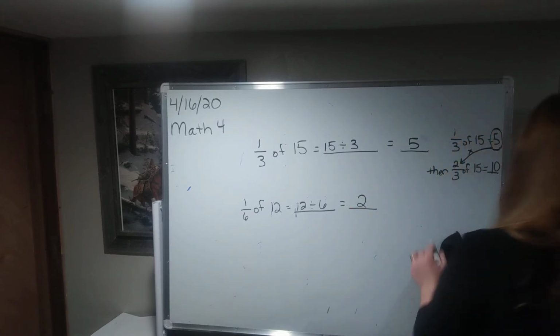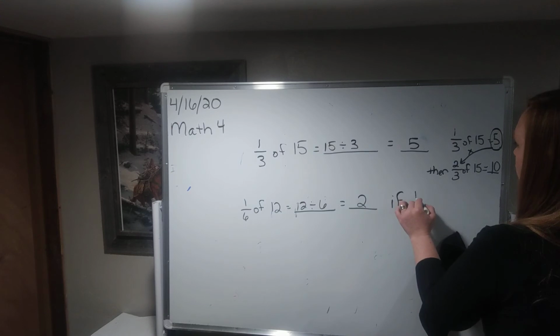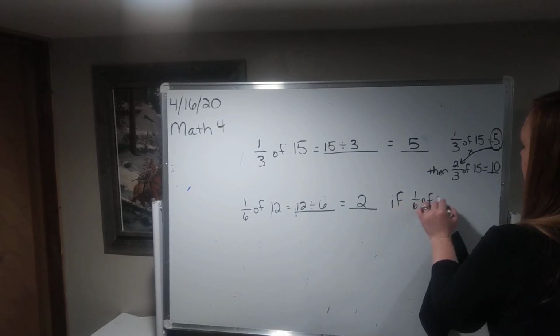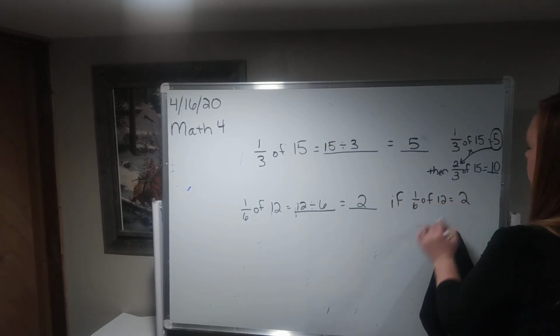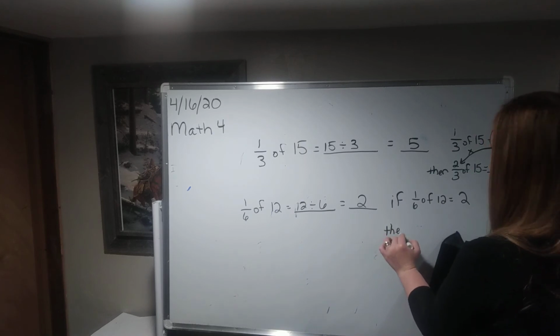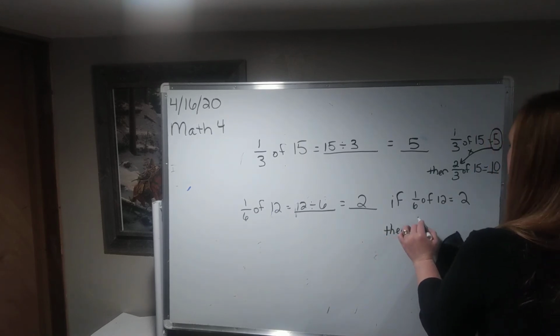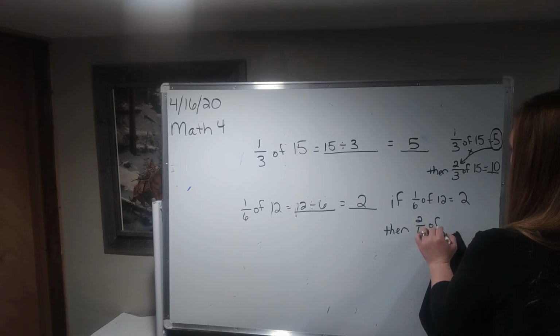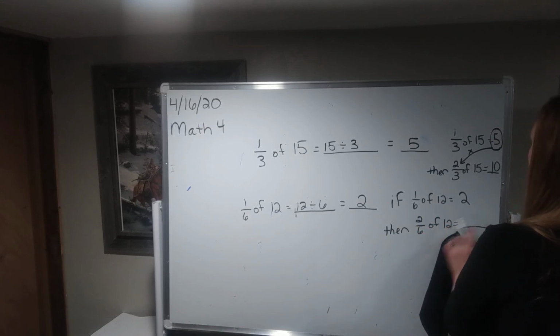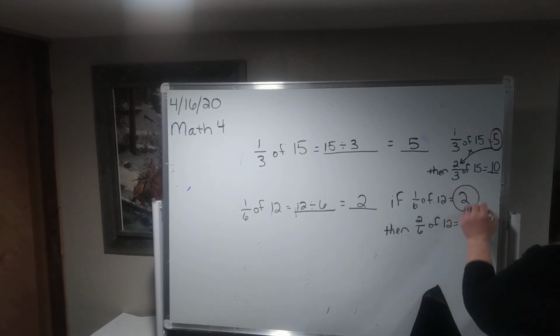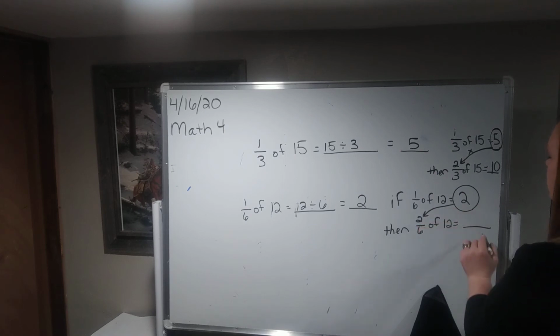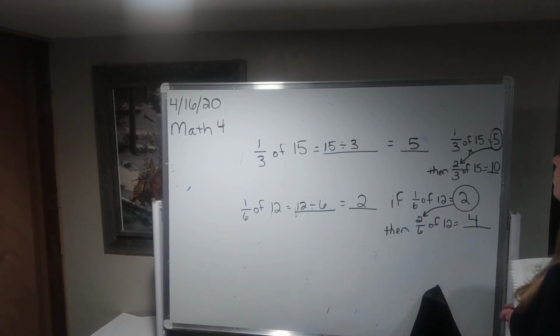So if 1/6 of 12 equals 2, then 2/6 of 12 equals what? I take my answer 2 and multiply it times 2, and I get 4.